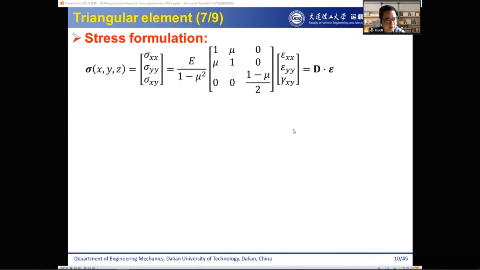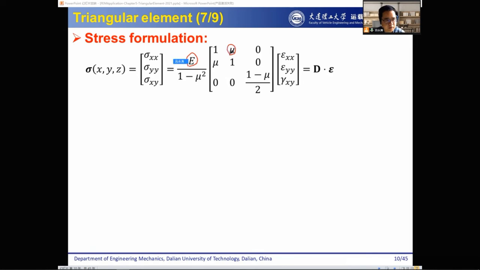And then the stress formulation. This is the strain formulation, and this is the stress formulation. It is based on the constitutive relationship. Whenever we talk about the constitutive relationship, it depends on what kind of material you use, which means it depends on the Young's modulus and the Poisson ratio.